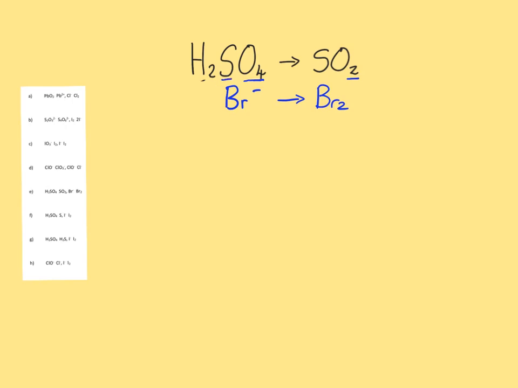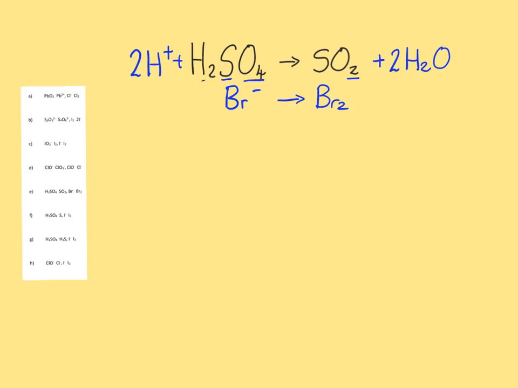So the only thing that we can do is to add water to that reaction. So that forms 2H2O. We have now increased the number of hydrogen atoms on this side. We have 4 on this side and 2, so it follows we must have 2 hydrogen ions on this side of the equation.